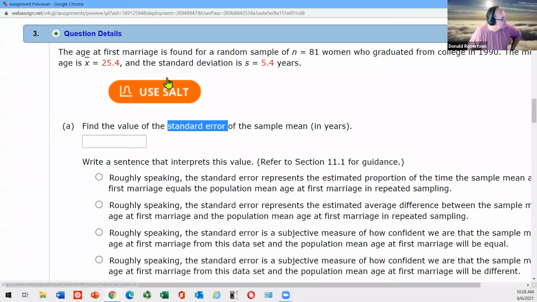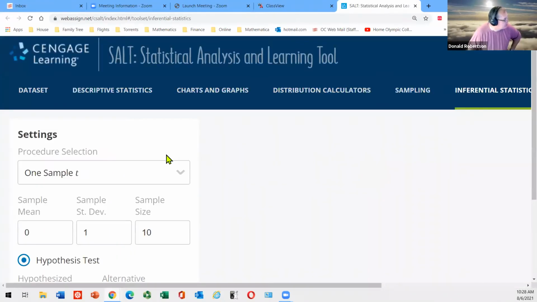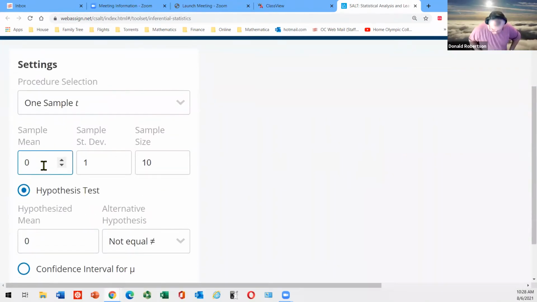And I'm going to click on this question, and I'm going to move it over here. Almost made that mistake again. I'm going to click on this question, and I'm going to put in a mean of 25.4 and a standard deviation of 5.4 and a sample size of 81.